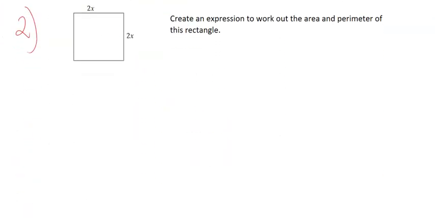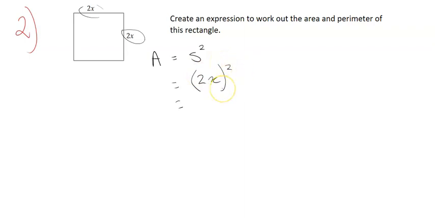Okay, example number 2, it's a square. So for area, you know that it's side squared. It's a square because these are the same. Okay, so again, we need brackets, 2x squared. So 2x multiplied by itself, okay? And this is just your regular index laws. You know that it's going to be 2 squared.